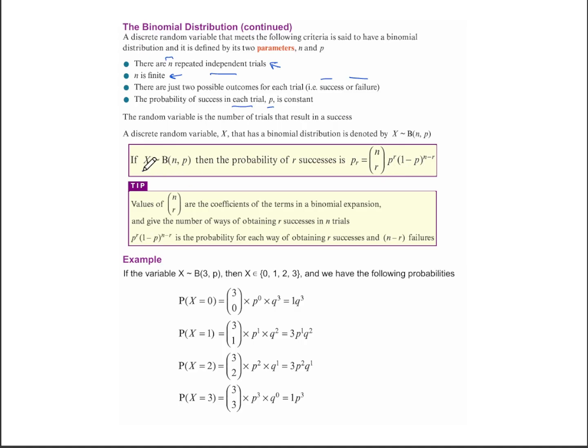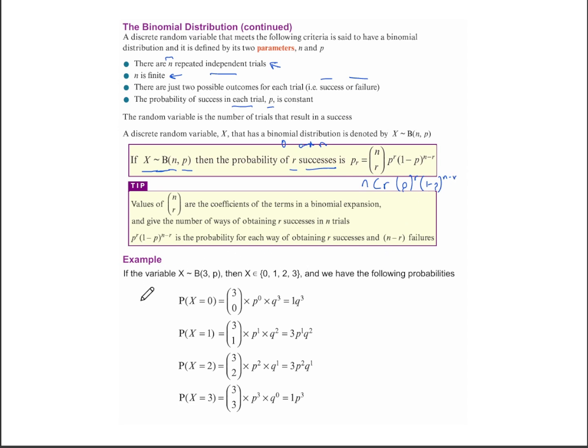Then if X follows a binomial distribution, the probability of getting r successes, where r is a number between 0 and n, is n combination r, then your success power r and your failure power n minus r.